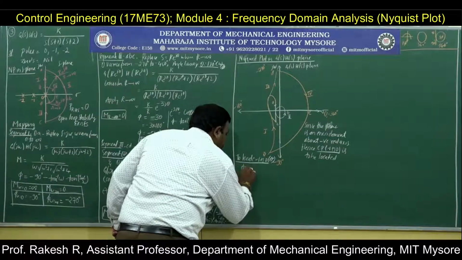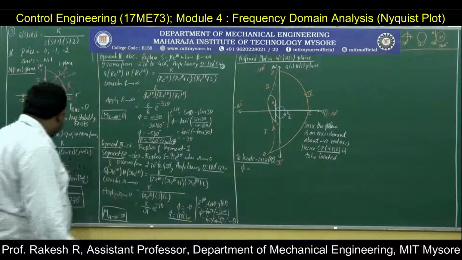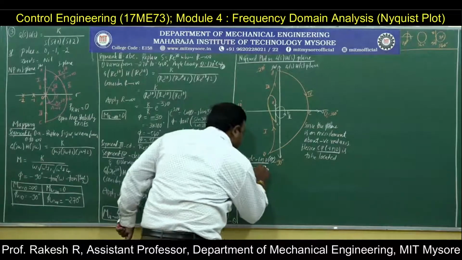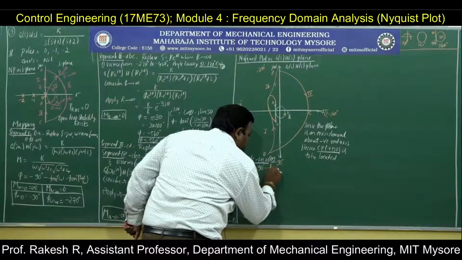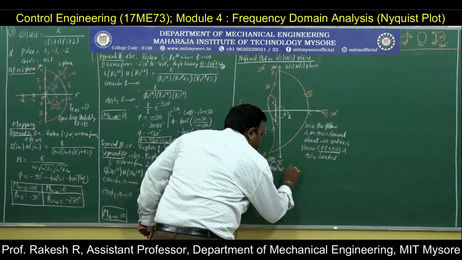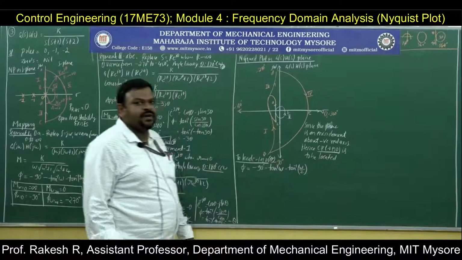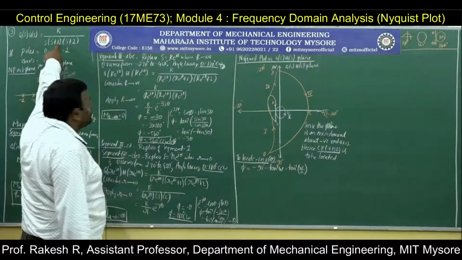What is the phase angle? The phase angle is from the equation you have solved: minus 90 minus tan inverse of omega minus tan inverse of omega by 2. This is the phase angle of the open loop transfer function.